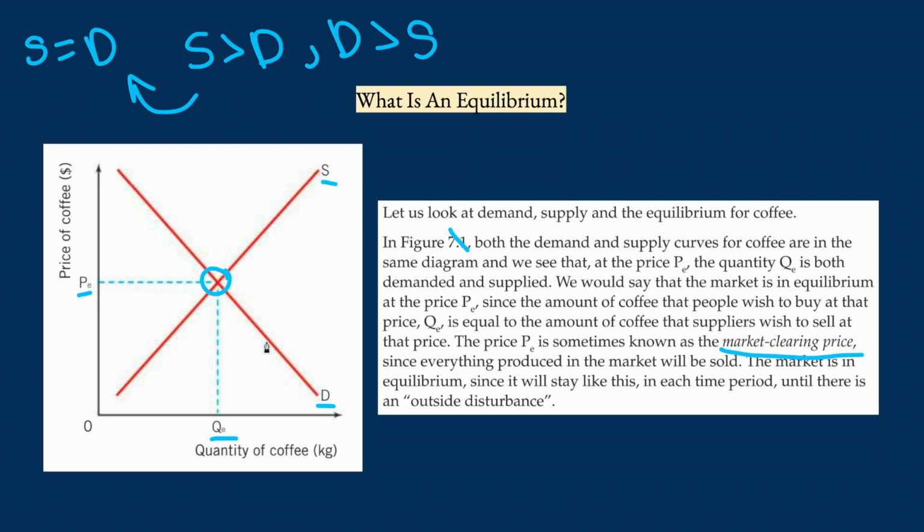After that, you're going to draw the X and the Y axes, and then you're going to label the X axis as quantity of whatever product, and if you're given a unit, the unit. And then similarly, you're going to label the Y axis as the price of your product and the unit. The unit is almost always dollars, if not euros or pounds, or the currency of wherever you are.